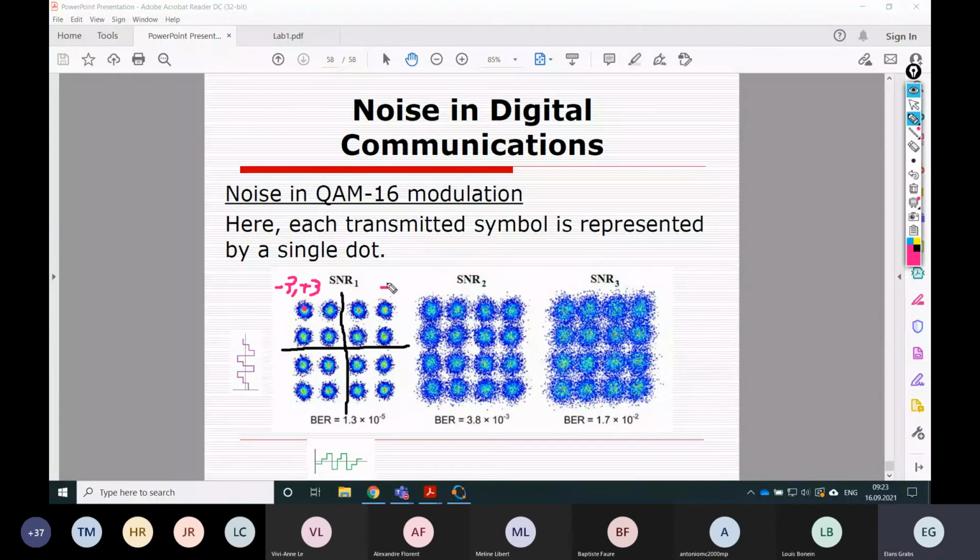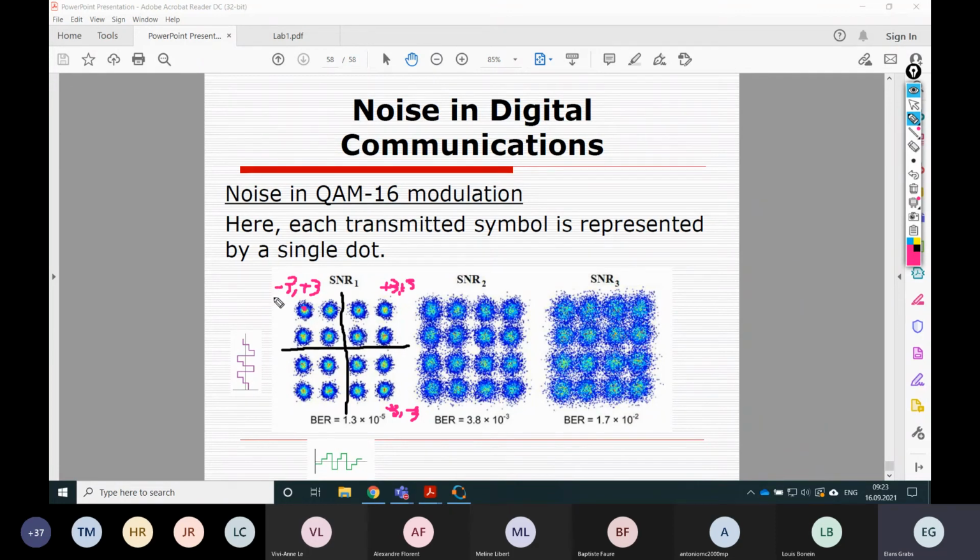This has +3 on both axes. This has +3, -3, and so forth. So on each axis we have 4 different voltage levels.